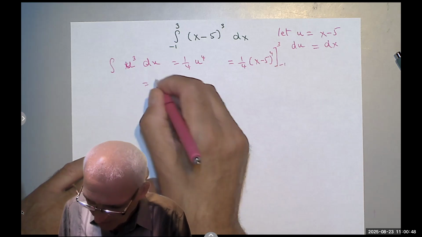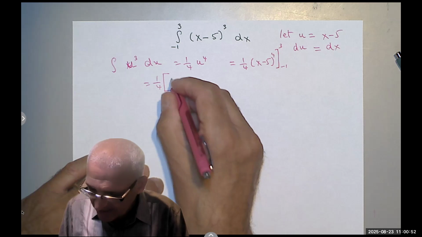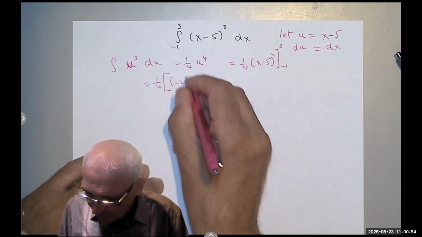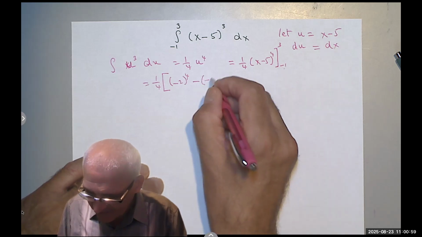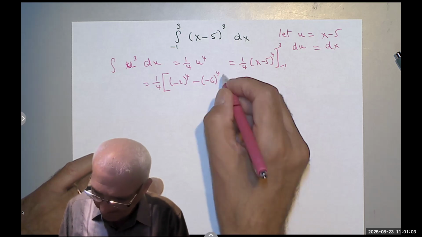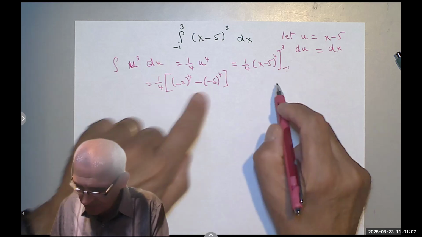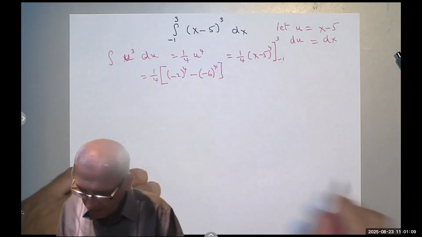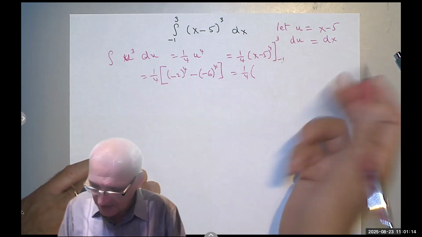So it equals 1/4 times... when you substitute with 3, you get -2 to the 4th. And when you substitute with -1, you get -6 to the 4th, right? -2 and -6.